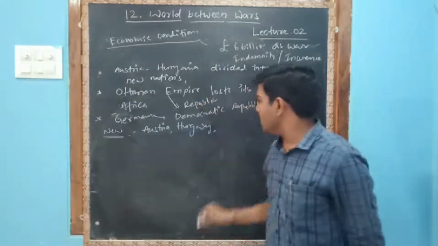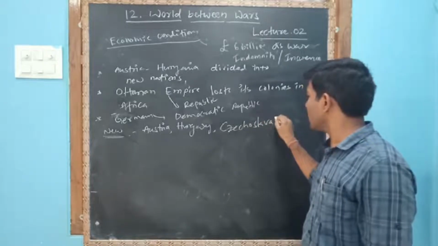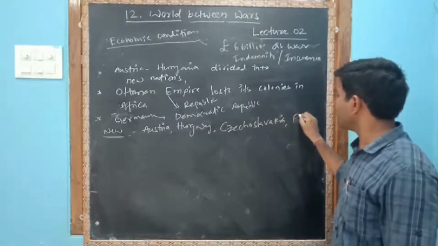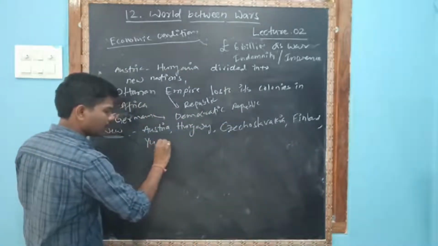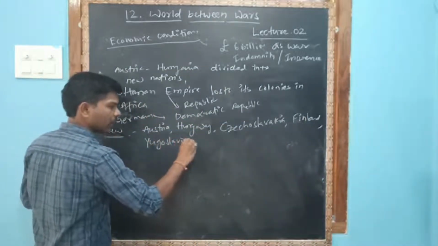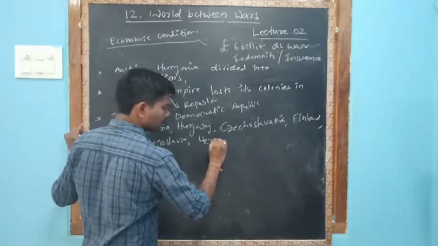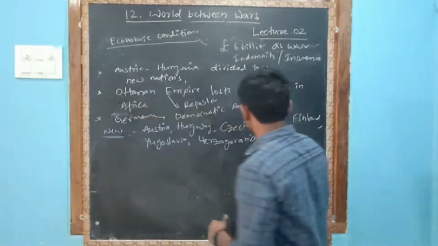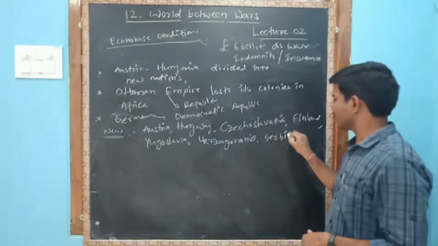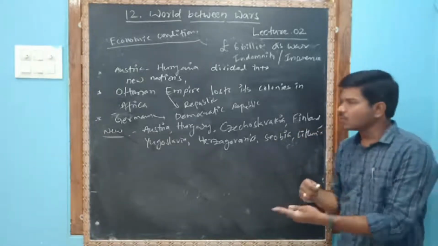Austria, Hungary, Czechoslovakia, Finland, Yugoslavia, Herzegovina, Serbia, Lithuania, etc. So these are new countries.